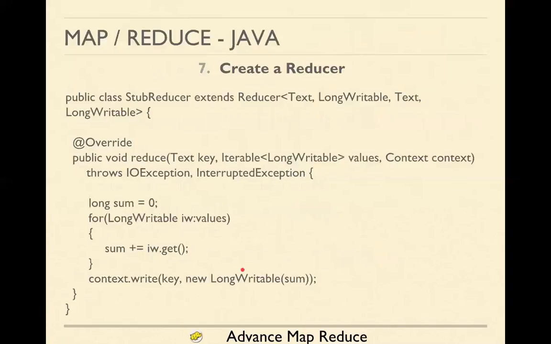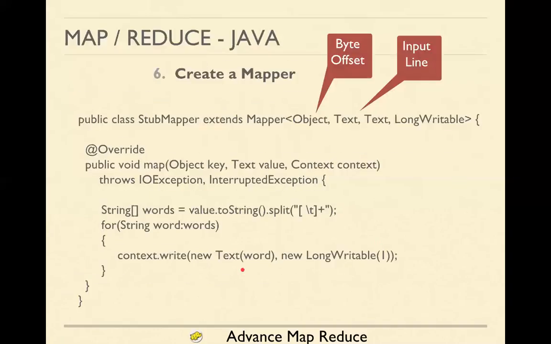You can see that in the mapper we did not do anything to read the data. Hadoop gave us a single line, instead of the whole file, to the mapper. You can see that we are getting a single line here, and this is the key. Next is the long writable part here. So we are giving out the key value in this form.